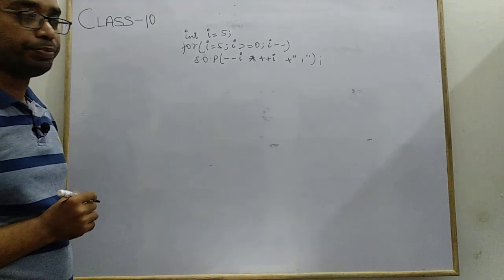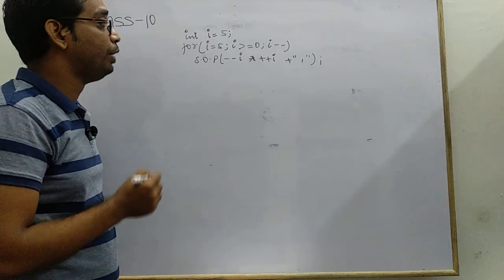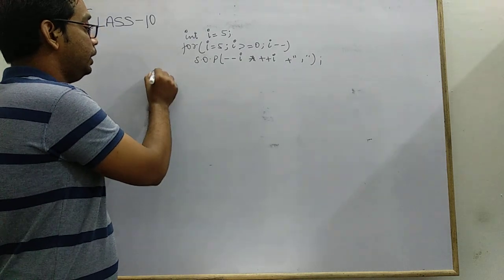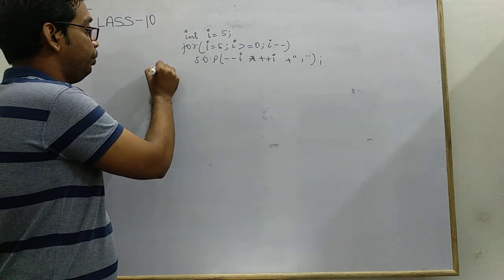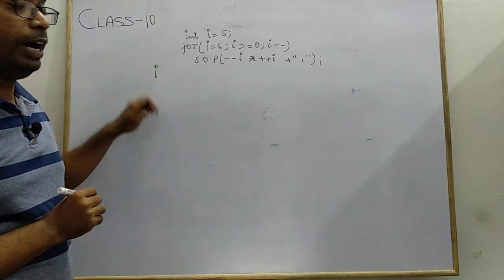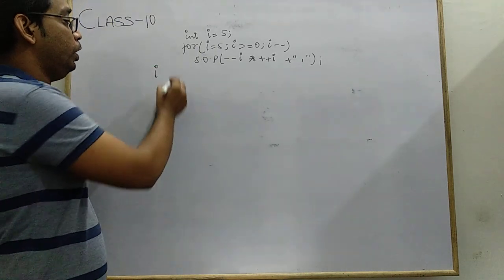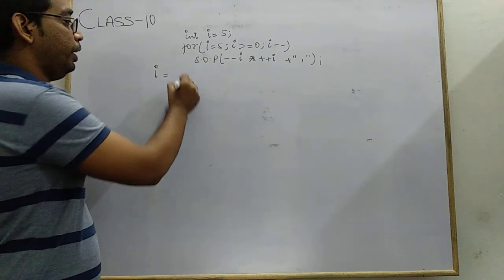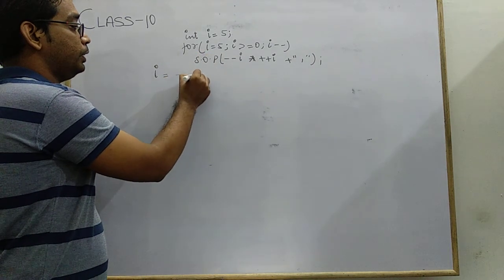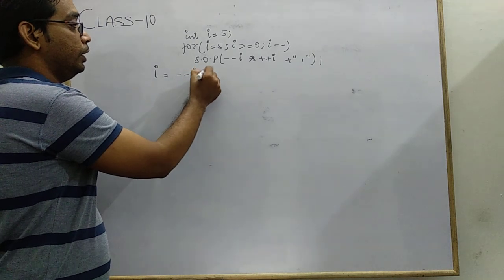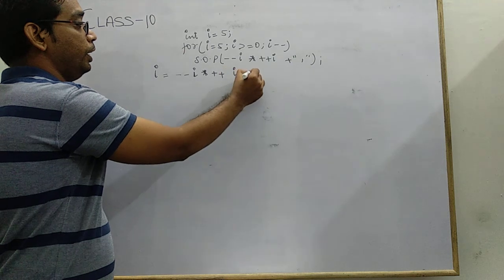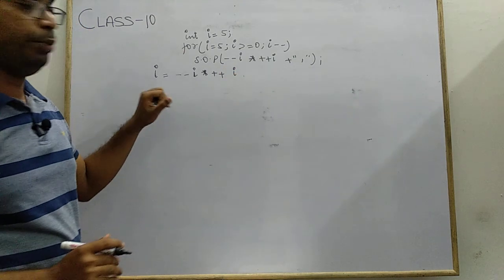Now here we have to calculate the output directly. Only one variable is there, that is i, and we have to calculate the value of i. Just write this statement here: --i * ++i.